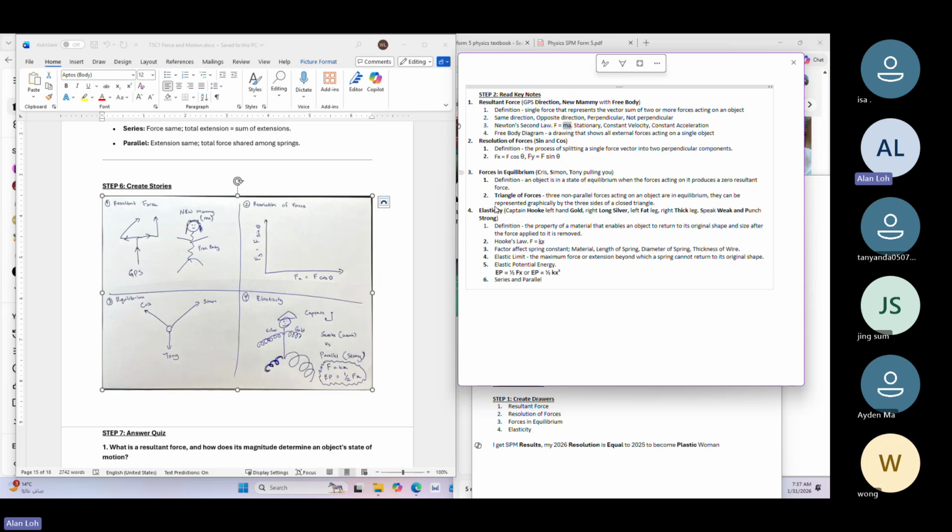And then free body. This new mummy is very flexible. It's like having a free body, right? And this free body is to help you to remember there's something related to free body diagram in this drawer number 1. Obviously, this drawing will not be able to represent everything inside this drawer number 1.